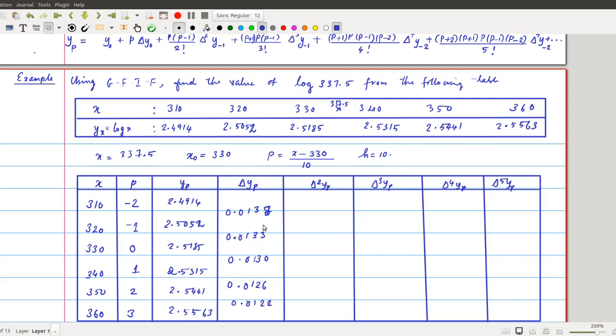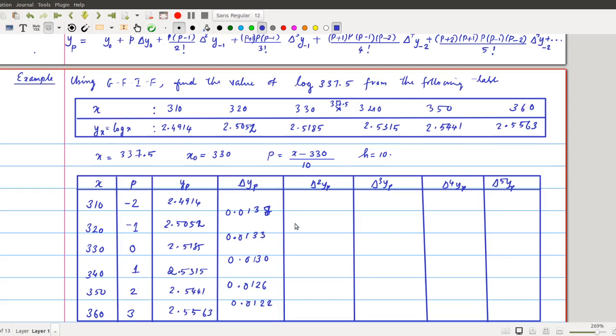Now delta y minus 2 is this one, delta y minus 1 is this one, delta y naught is this one, delta y1 is this, delta y2 is this. The delta square yp will be this minus this one, the difference between these two.